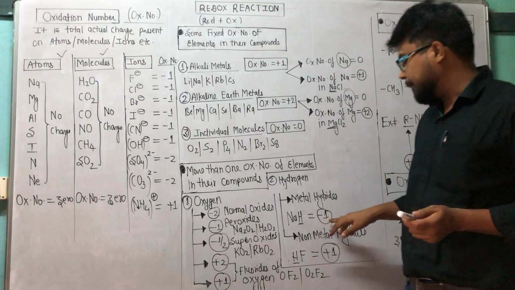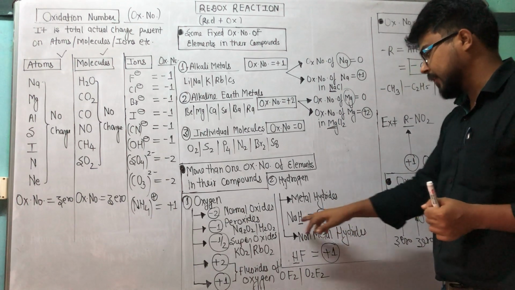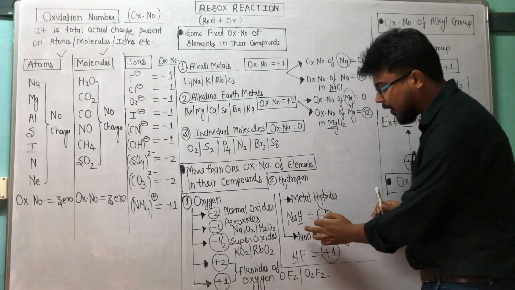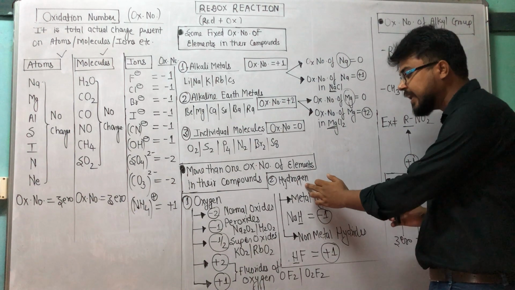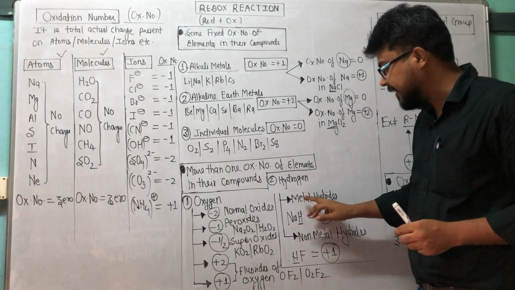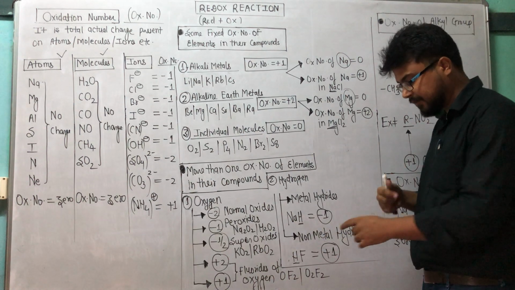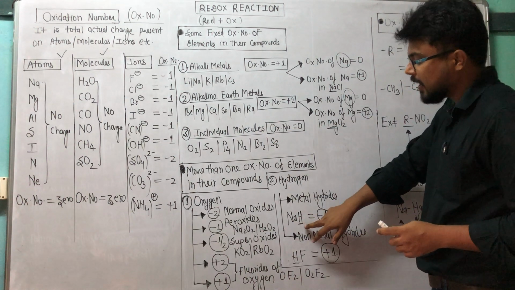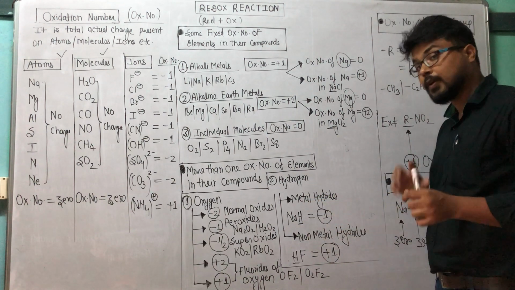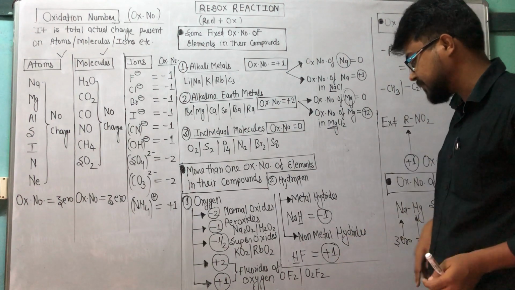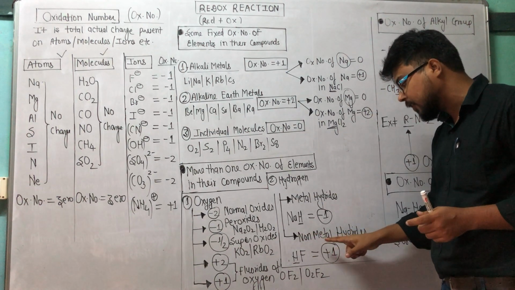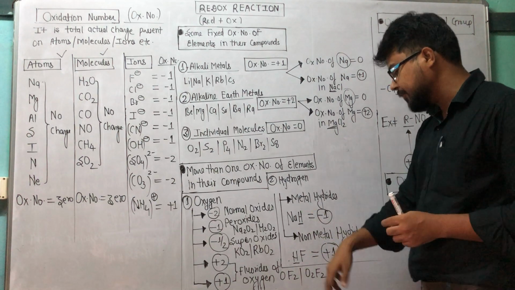The oxidation number of hydrogen in metal hydride, for example sodium hydride, is always -1. The oxidation number of hydrogen in non-metal hydride is always +1.